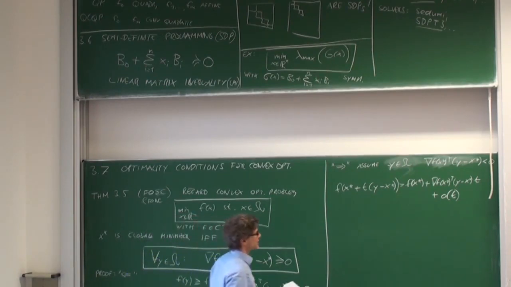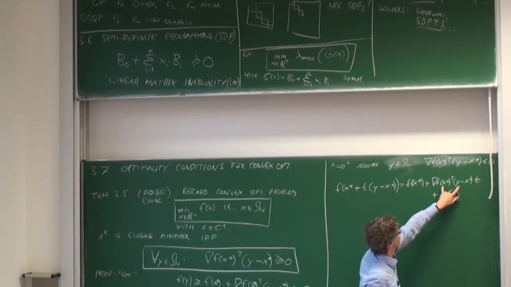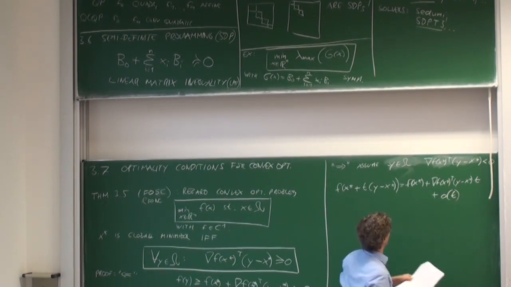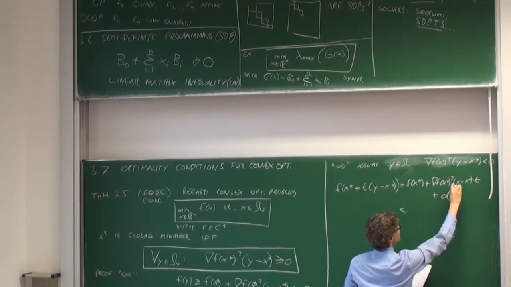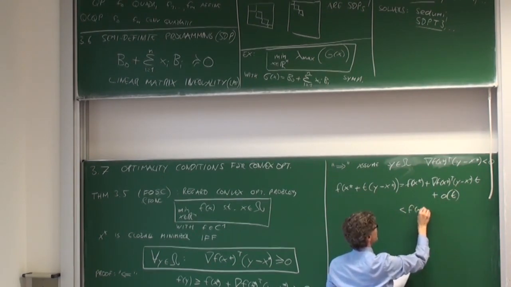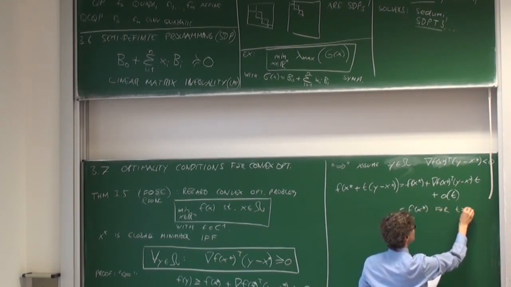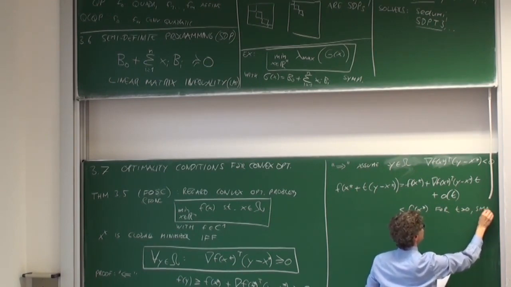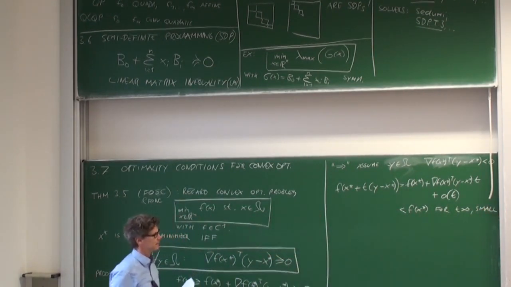That means in particular that if you make t small enough, this term will dominate that one. And that means that the whole thing will be smaller because that's a negative term, and it will be dominating that one. This can be smaller than f of x star for t bigger than 0, small enough. So when we make our t very small, this will be the case.